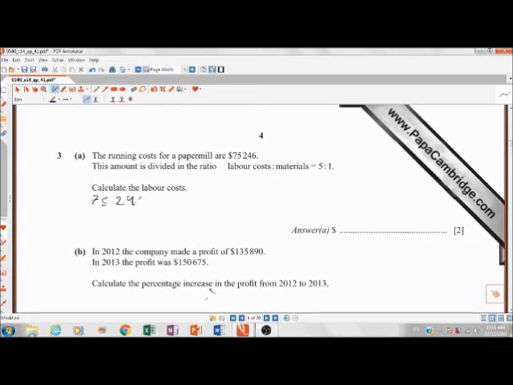So 75,246 divided by 6 gives you 12,541. They want the labor cost only, so the labor cost is 5 parts. 12,541 times 5 would be 62,705.